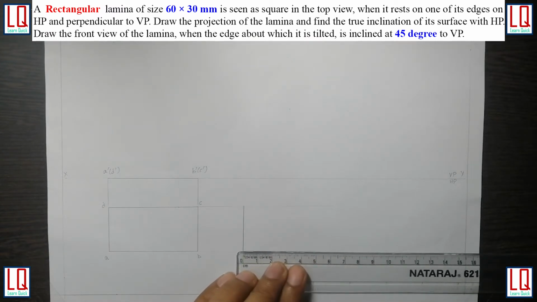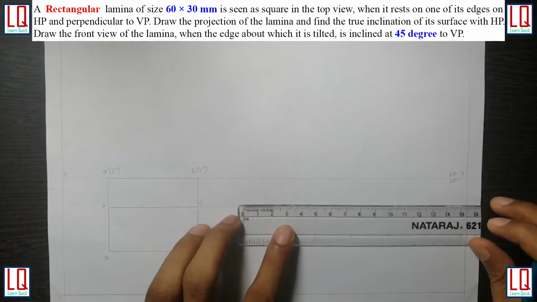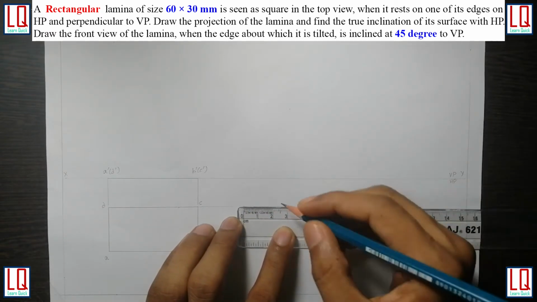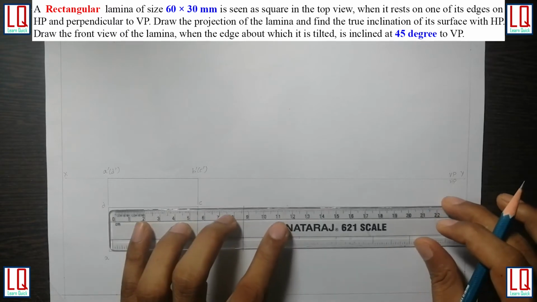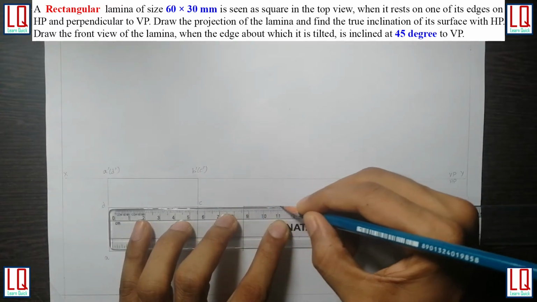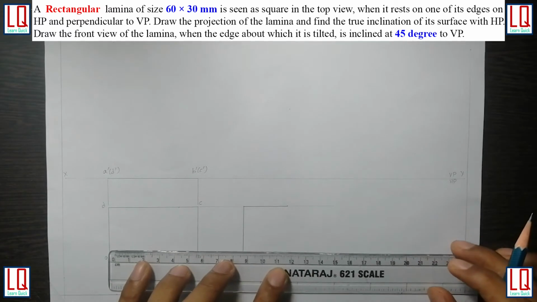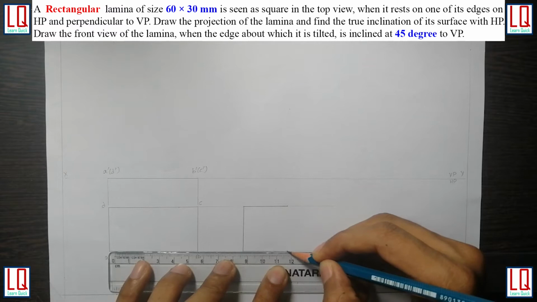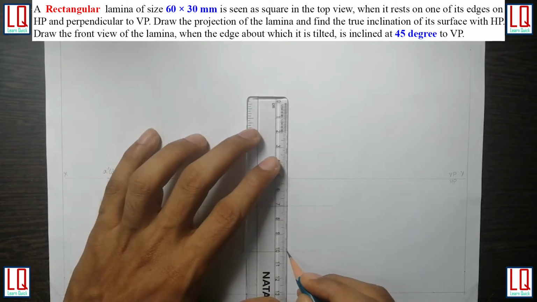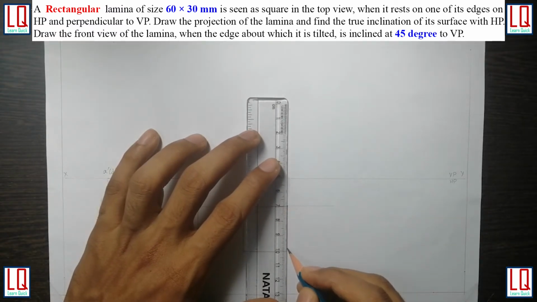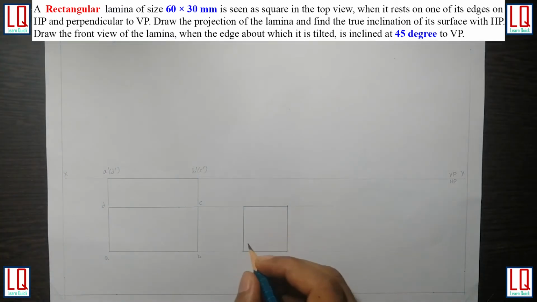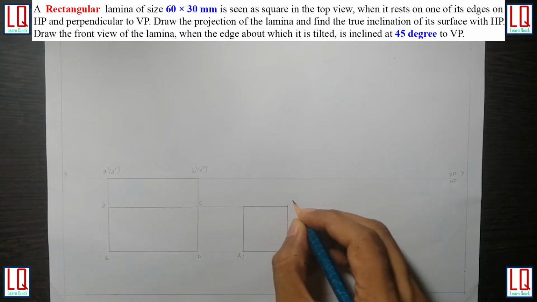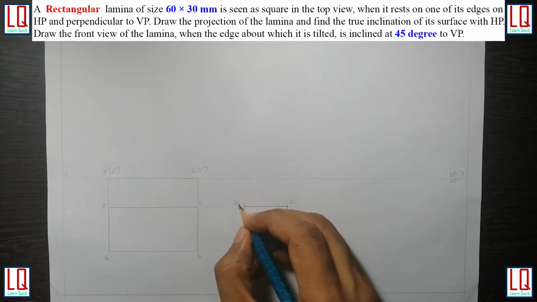So I mark 30 mm on each side and then form a square. Now mark all the corners in step 4 as A1, B1, C1 and then D1.